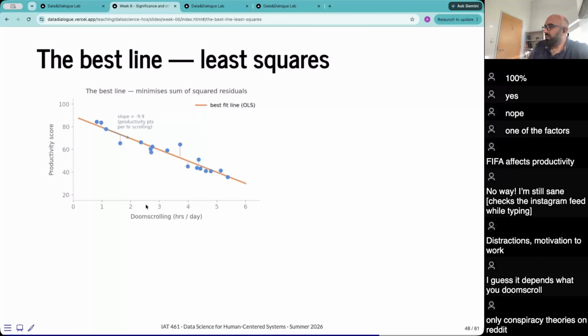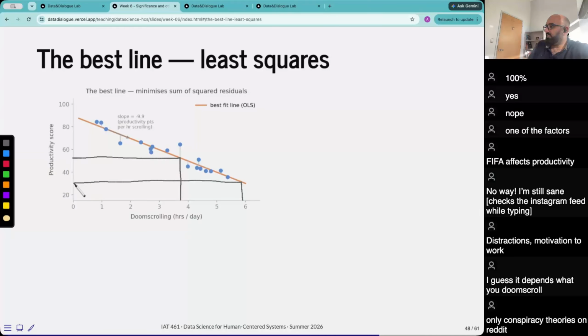That's the line. So wherever you go, the line tells you if I thought that someone was doing doom scrolling this much, you say that the productivity is this much, okay? If they were doom scrolling this much, you say that the productivity is this much, right?